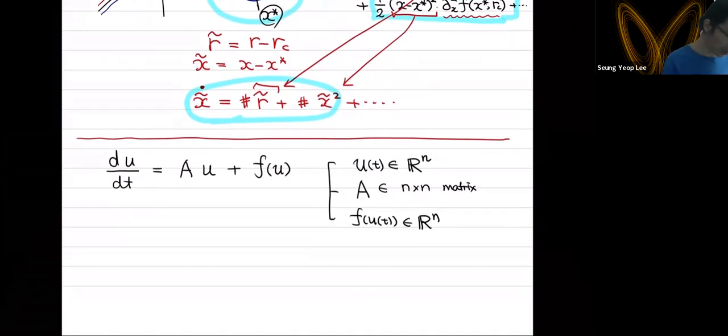Around the fixed point, let's assume, all through this discussion, that the zero vector is the fixed point.